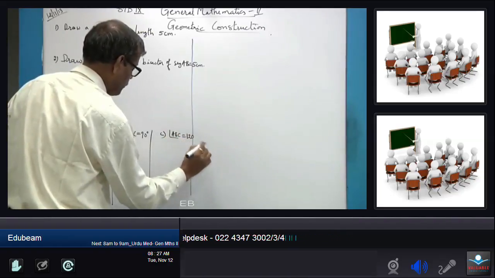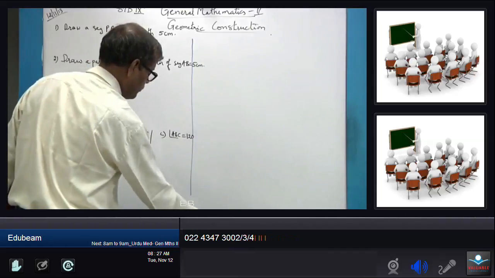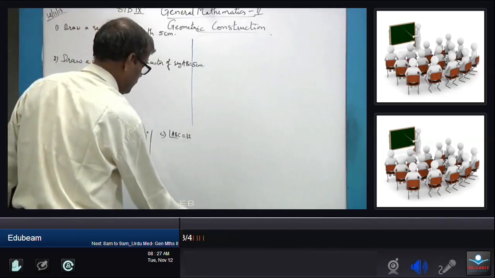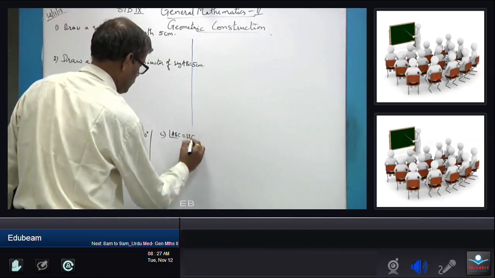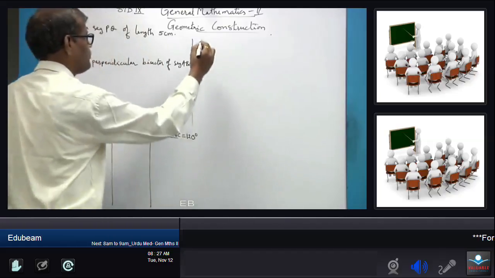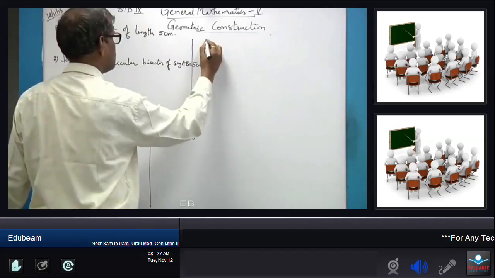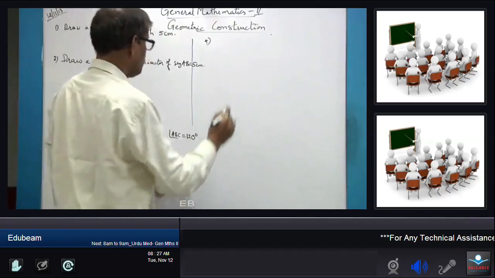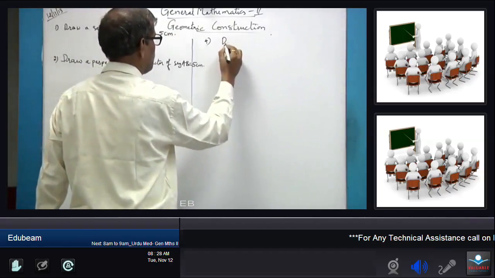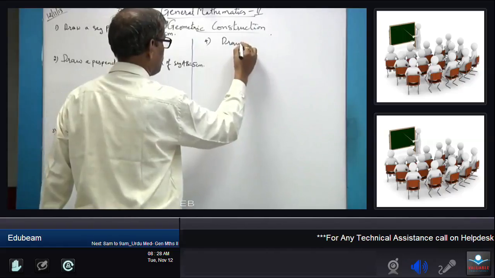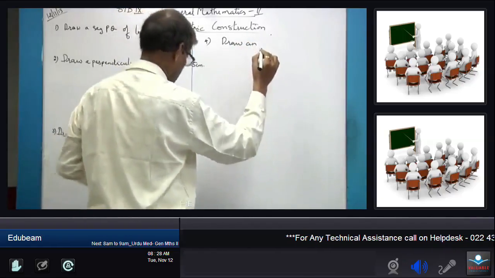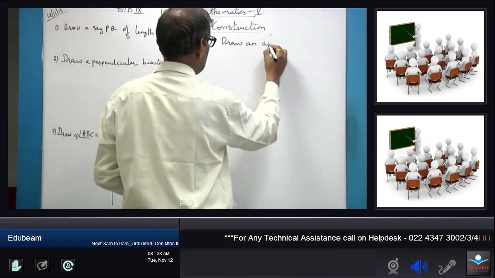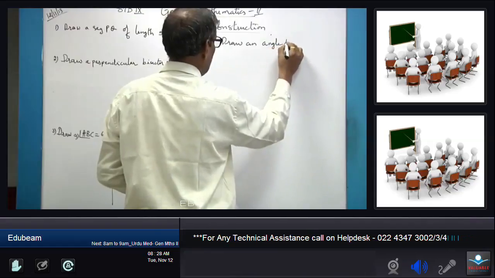So a segment is the part of a line which measures as 5 centimeters. It does not have an arrowhead on it. So we are going to take this P here and Q. It measures as 5 centimeters.